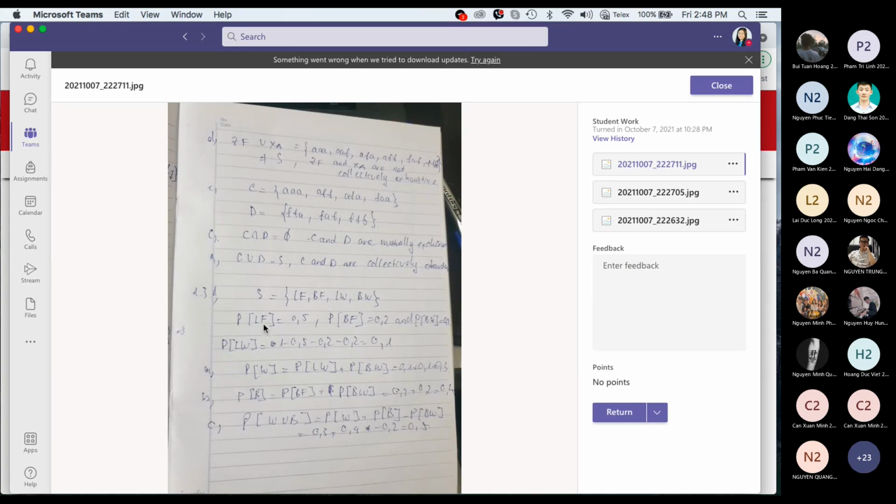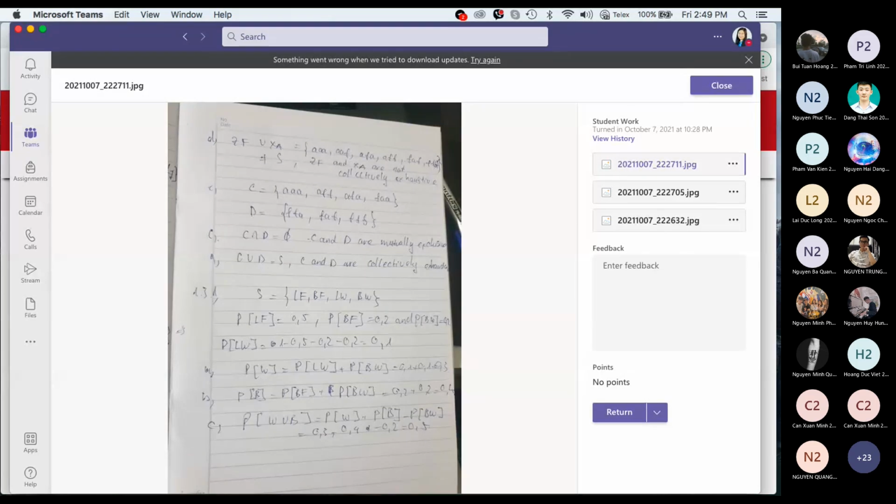The probability of LF equals 0.5, the probability of BF equals 0.2, and BW equals 0.2. From this, the probability of LW equals 0.1, right?